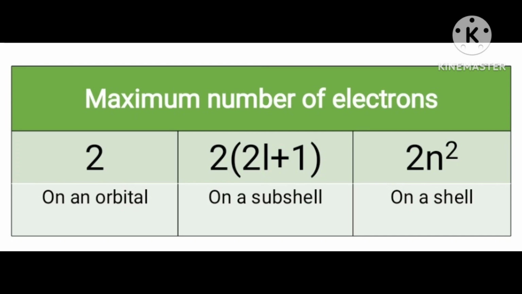It will be 2 times (2l plus 1). And we said that on a shell we have maximum n squared orbitals. So the maximum number of electrons on a shell will be 2 times n squared.